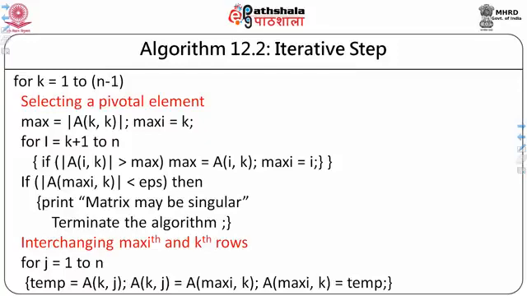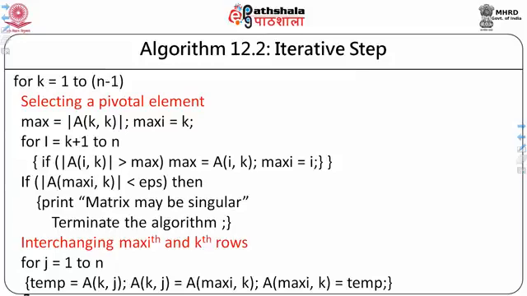Otherwise, we interchange the max i-th and the k-th row. So, for j equal to 1 to n, you put it in temporary storage, then you replace a_kj by a_(max i)j, and then a_(max i)j is replaced by temporary. So, that is the interchanging procedure that we follow.